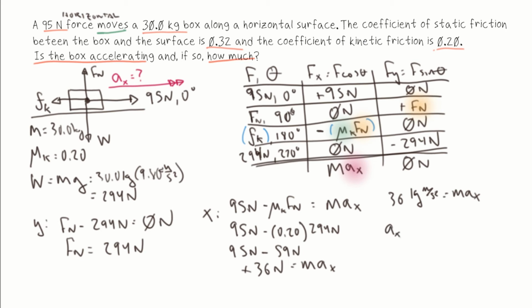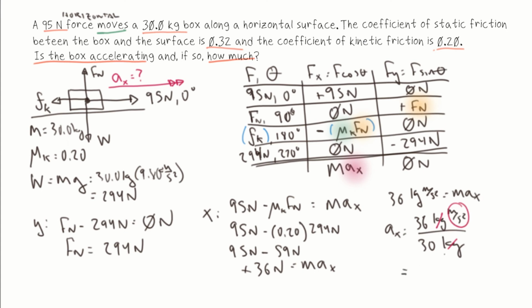So acceleration is equal to 36 kilogram meters per second squared over 30 kilograms. And when we take a quick peek at the units, kilograms cancel with kilograms, leaves us with meters per second squared, so the units work out good.